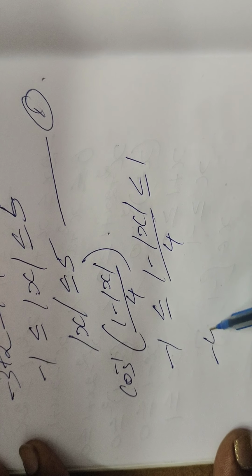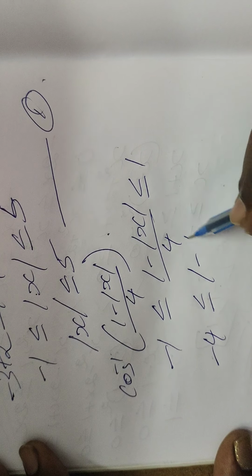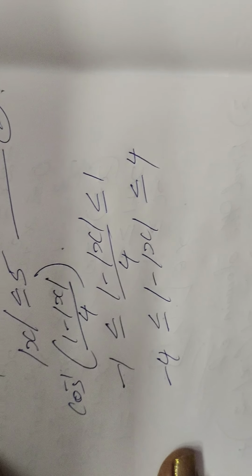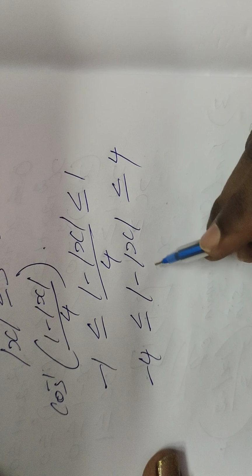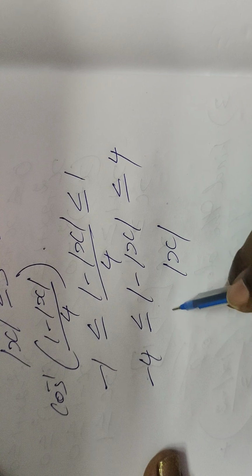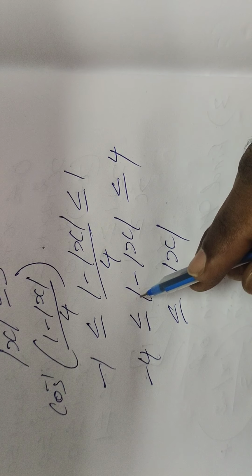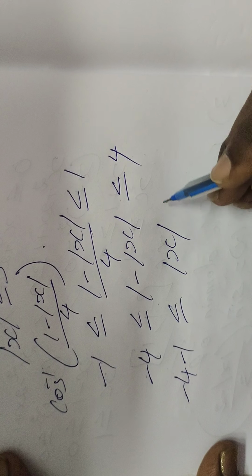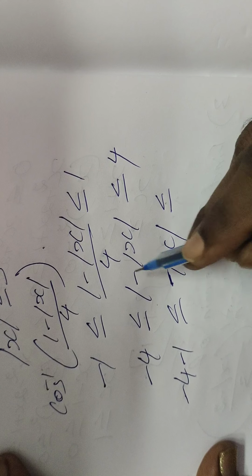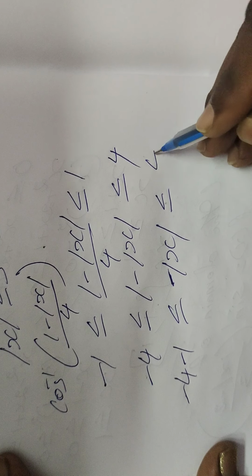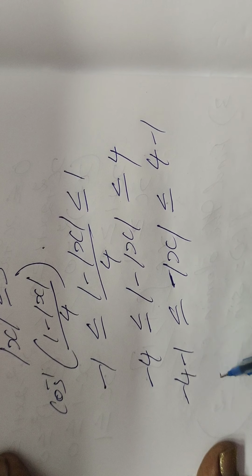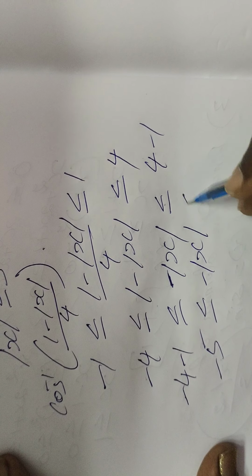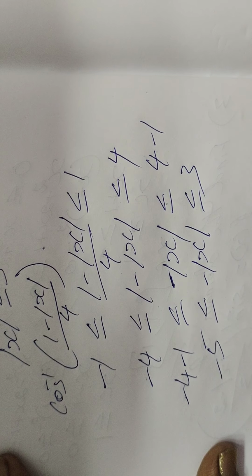Cross multiply: minus 4 less than or equal to 1 minus modulus of x less than or equal to 4. You have to subtract 1 on each term: minus 4 minus 1 less than or equal to minus modulus of x less than or equal to 4 minus 1. Minus 5 less than or equal to minus modulus of x less than or equal to 3.